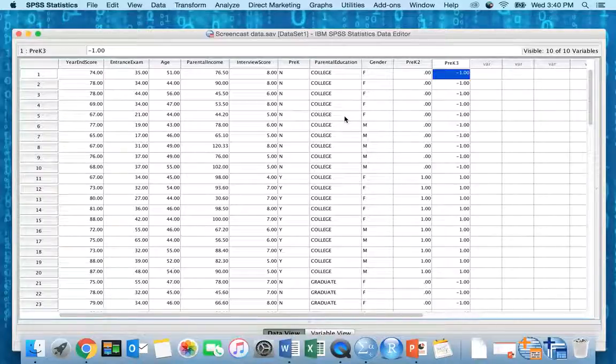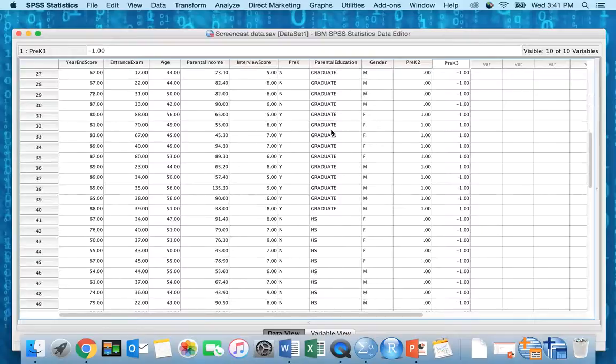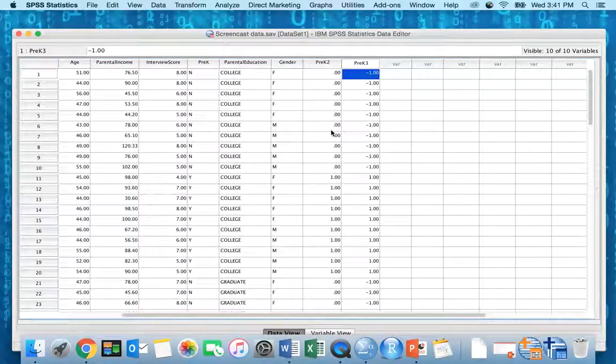So in the case of pre-K, we had 2, and therefore we only needed the 1. We did it 2 different ways, but we saw that they were essentially equivalent. Here we have 3 levels: high school, college, and graduate. Therefore, we're going to need 2 predictors in order to account for parental education.